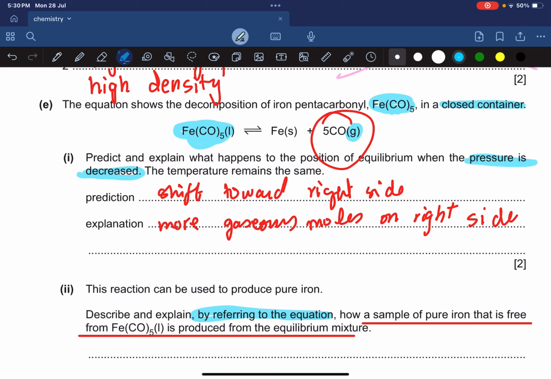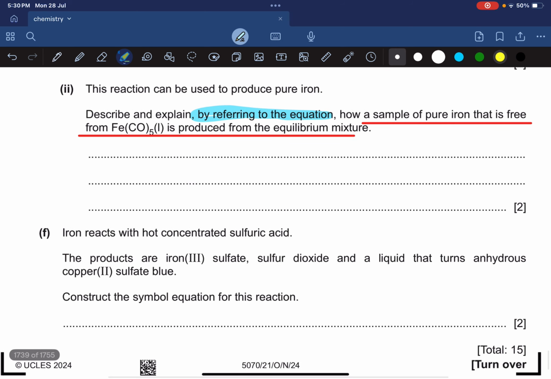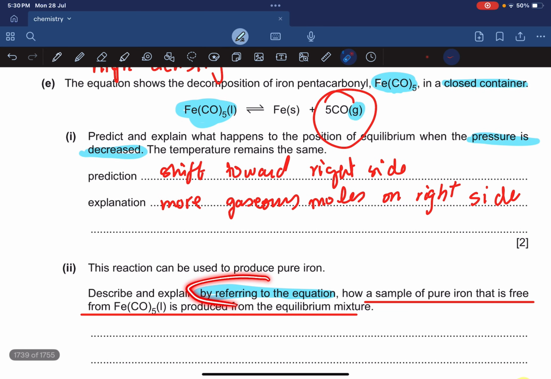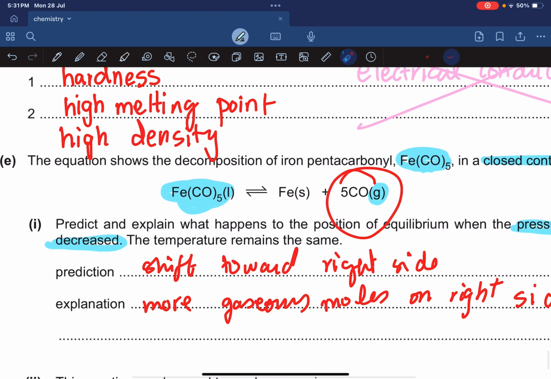Those of you who might be confused in a question like this, I know it's tricky because you have to gain these 2 marks. You have to realize that you have to look at the equation and you have to describe and explain how a sample of pure iron that is free from this thing is produced from the equilibrium mixture. Okay, now what are we gonna do?